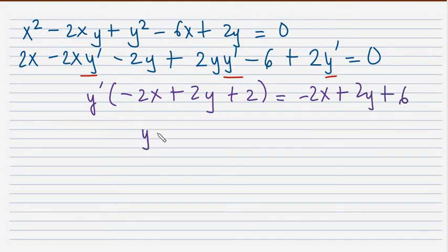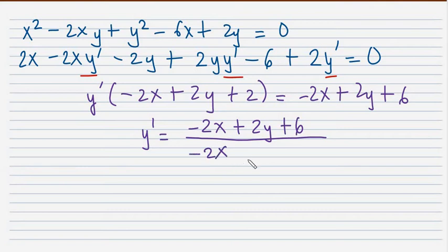And then solve for y prime: negative 2x plus 2y plus 6 all over negative 2x plus 2y plus 1. Okay, you can still do some simplification. We can factor out 2 from both the numerator and denominator actually. Let me just correct it. I wrote 1, so this should be 2.